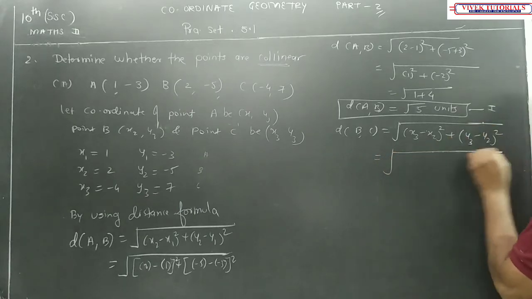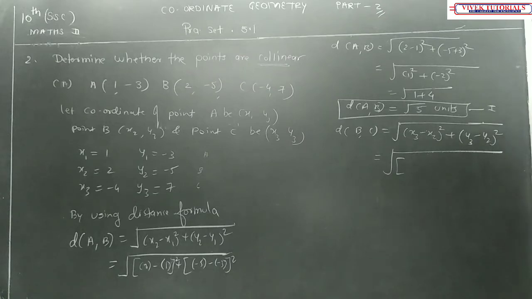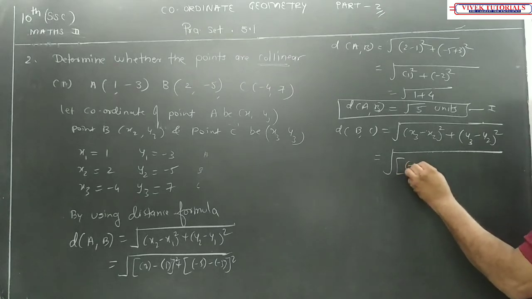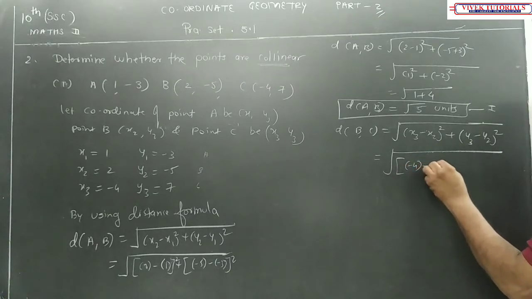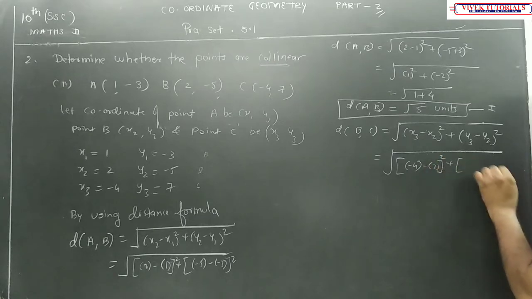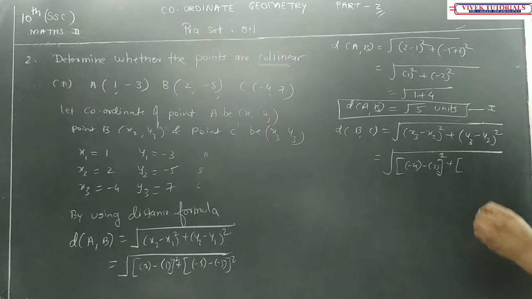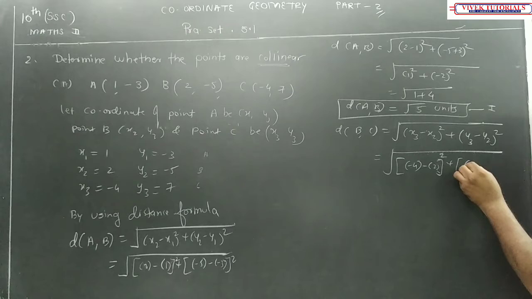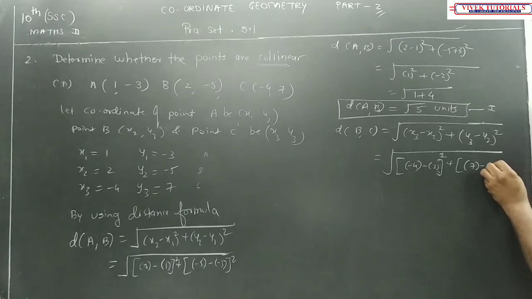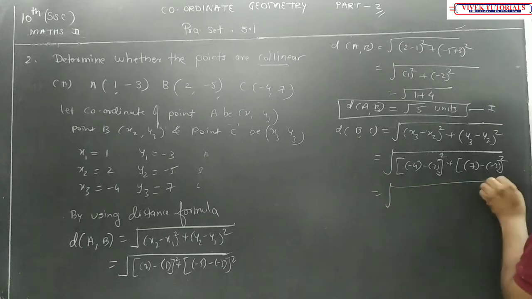That is equal to under root, x3 is minus 4 minus 2 the whole square, and in another bracket, y3 minus y2, that is 7 minus 5 the whole square.